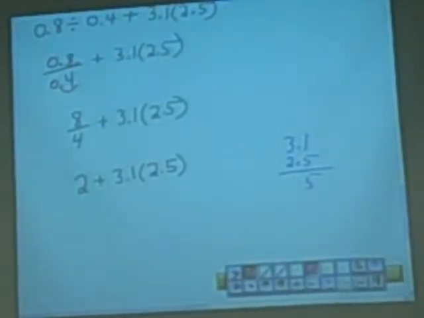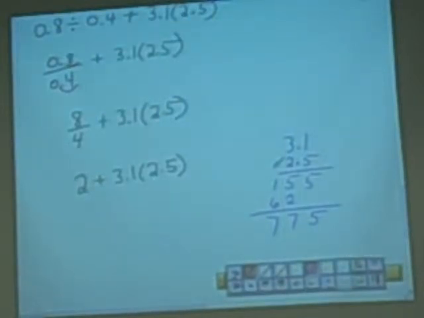So that'd be 5 times 1 is 5, 5 times 3 is 15, 2 times 1 is 2, 2 times 3 is 6, 5, 7, 7. Where's that decimal going? After the first 7? 2. Yeah.